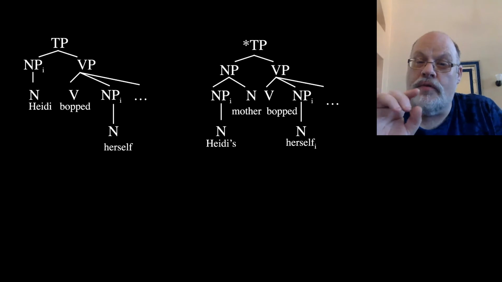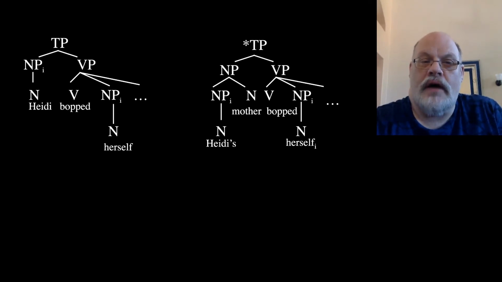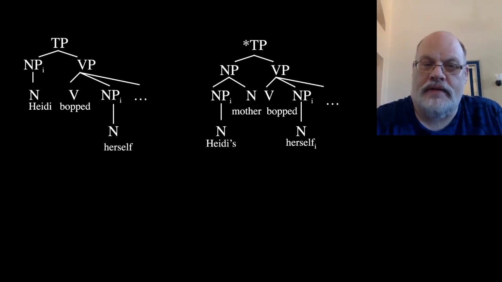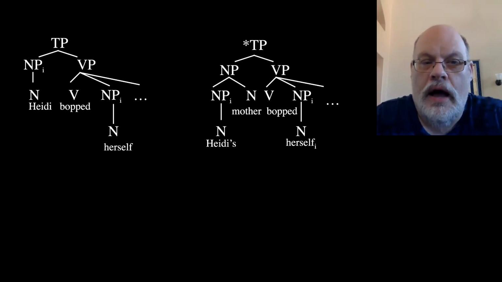It has to do with the relationships between the noun phrases. And what we see is that on the left-hand side, look at the noun phrases that bear the index in the left-hand tree. So Heidi bopped herself. Here, the i index on Heidi and the i index on herself are fine.